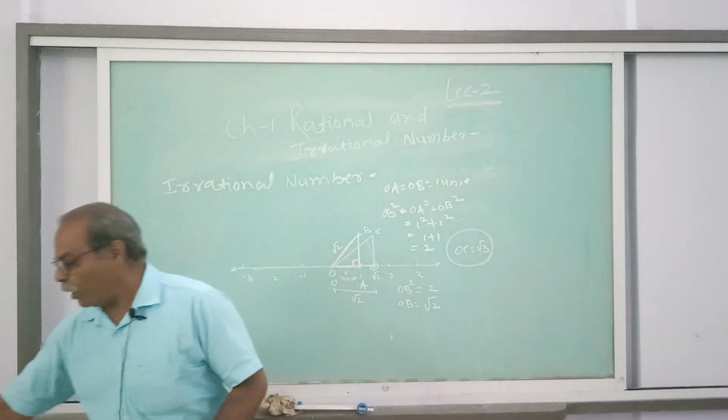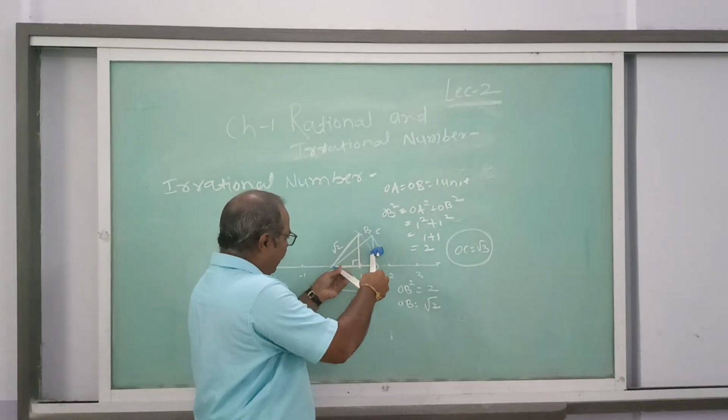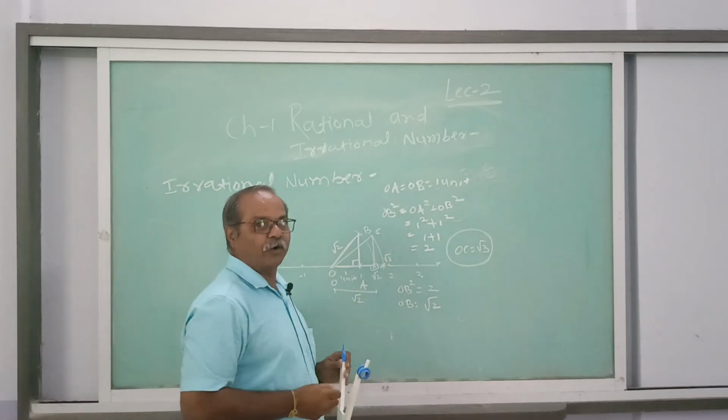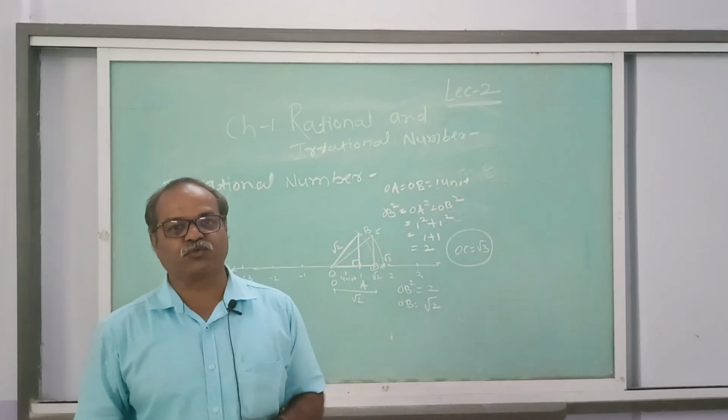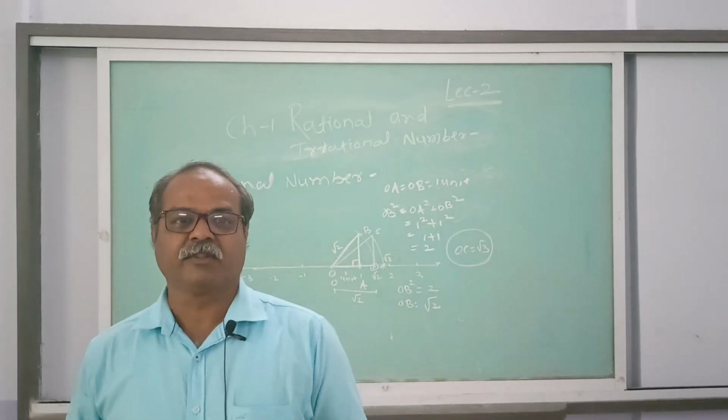Take a point here, and this is your root. In this way we find root 2, root 3 and plot them on the number line.